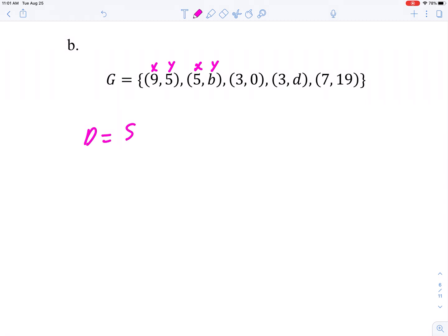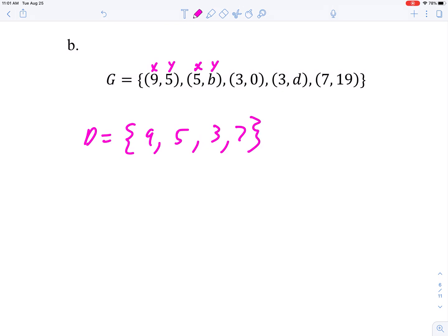The domain. So we're going to list all the domain values, the first values here. Now, we do not need to put them in order, and we do not repeat repeated values. Right? Notice we have two 3s in our domain. Alright, so we're just going to say 9, 5, we only need to write 3 one time, and 7.